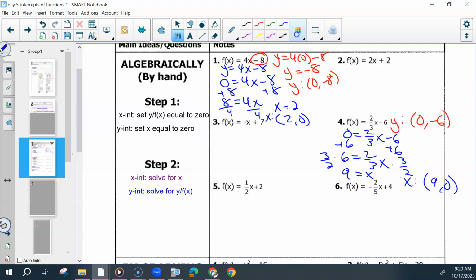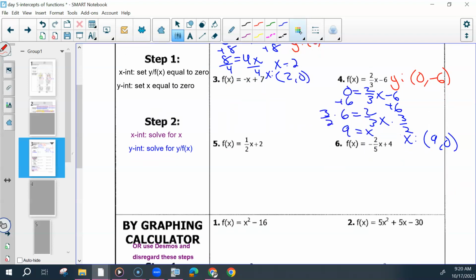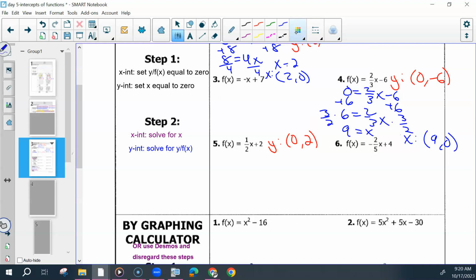Which one? 5, sure. For 5, what's your y-intercept? How would I write that as an ordered pair? 0, 2. For your x-intercept, we're going to change this to be 0 and solve by subtracting 2.